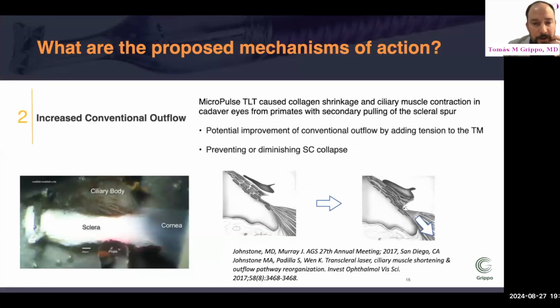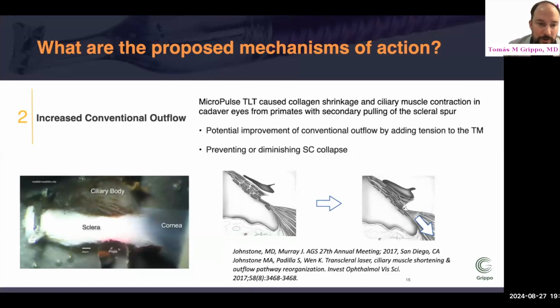Then we have the work by Johnstone and colleagues that explains that potentially MicroPulse TLT may be enhancing the conventional outflow system.